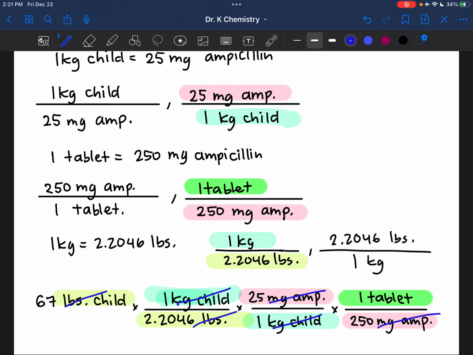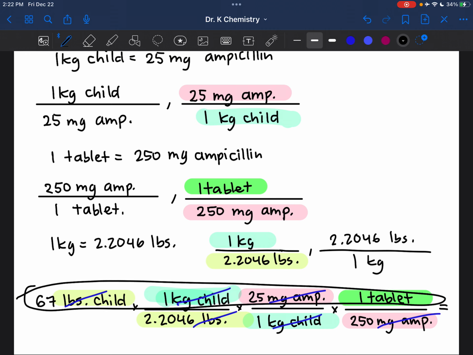And finally, the milligrams of ampicillin cancel out, and we're looking at the number of tablets. So notice that every unit canceled except the one that we're looking for, which is left at the end in the numerator. And now I'm going to plug everything in and calculate that final value.